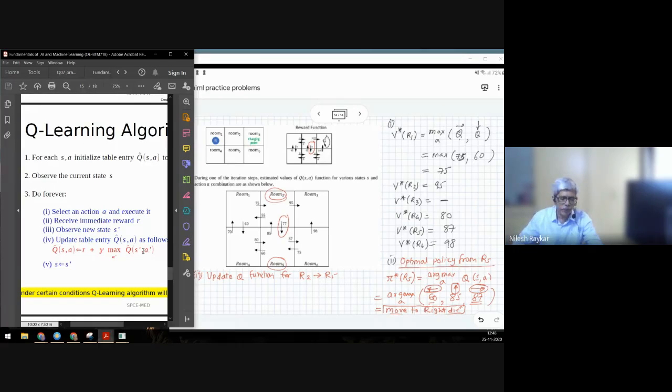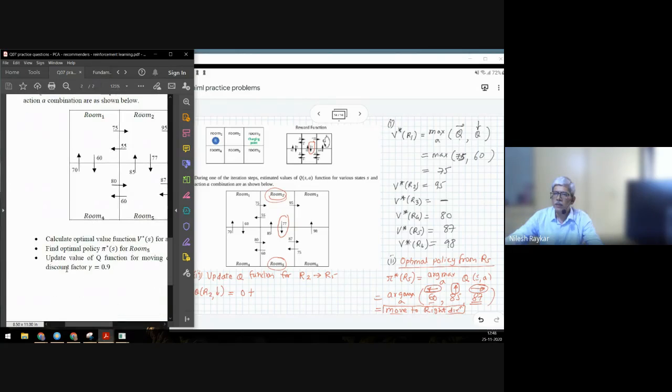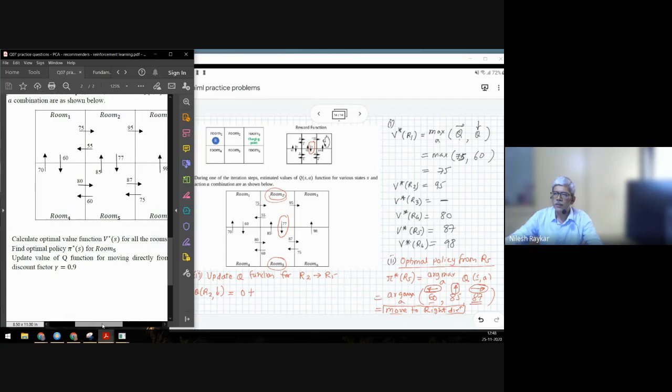So it would be given as Q function for R2 and the bottom direction, because that is what action 1 is taking, which is reward, in this case 0, plus the discount factor. If you refer to the question, the discount factor is given as 0.9.